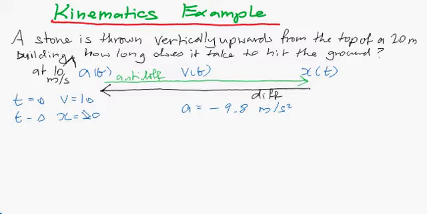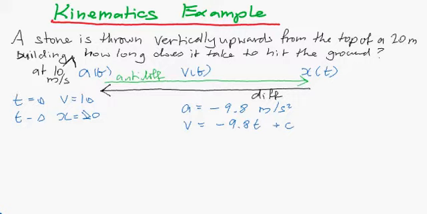Now if a equals negative 9.8, then v, if you just anti-differentiate that, you'll get negative 9.8t plus c, right? Now, do we have any clues on how to find this c constant? I think we do. We know that at t equals 0, v equals 10, because when we throw our little stone off the building, we're throwing at 10 meters per second.